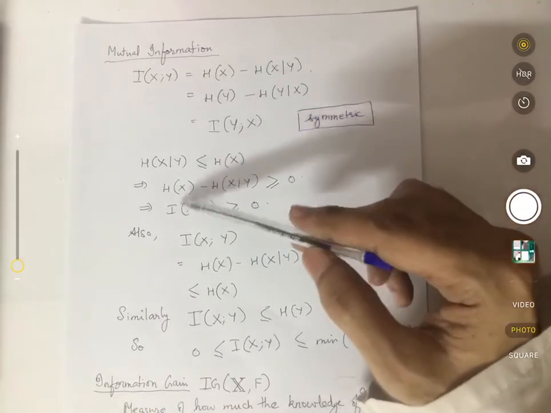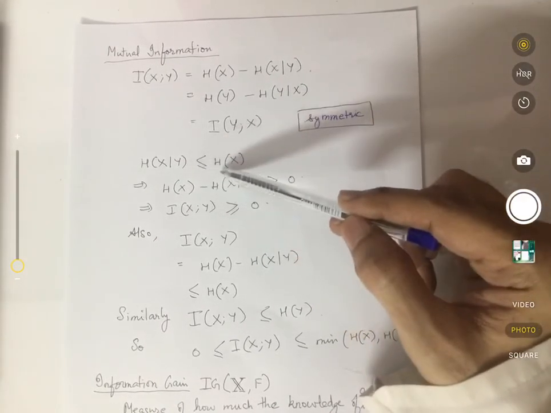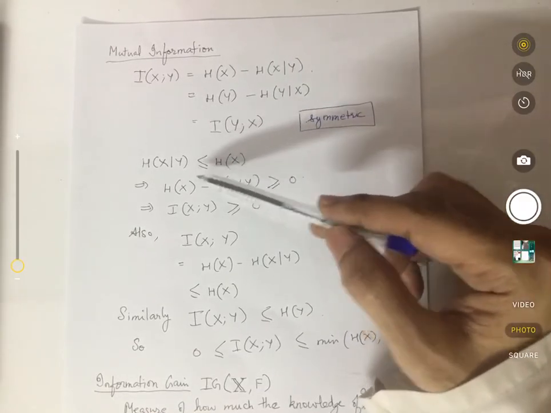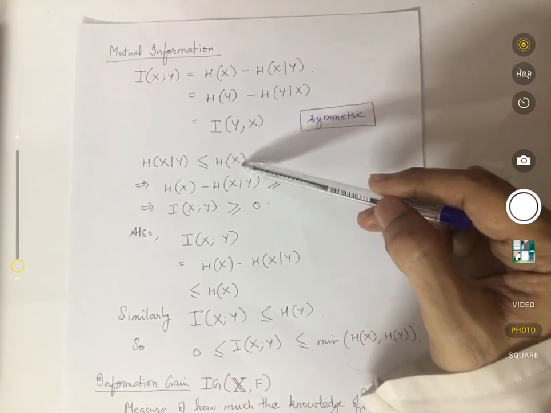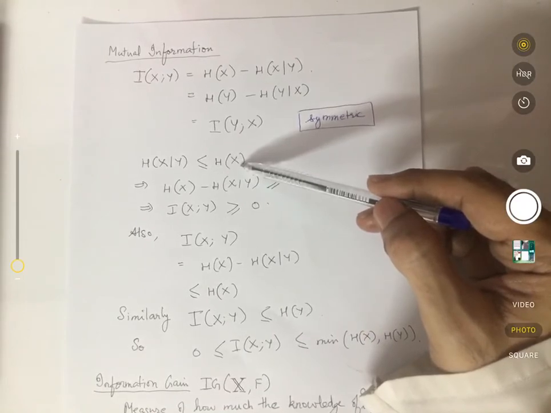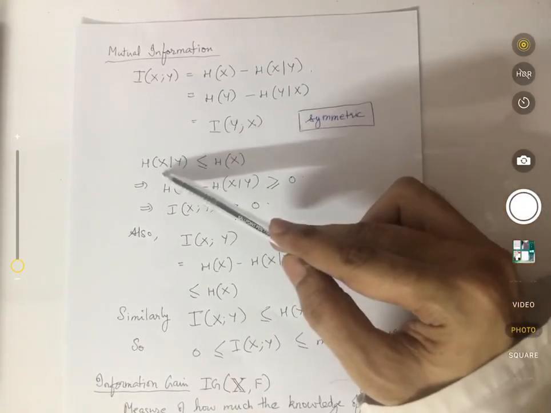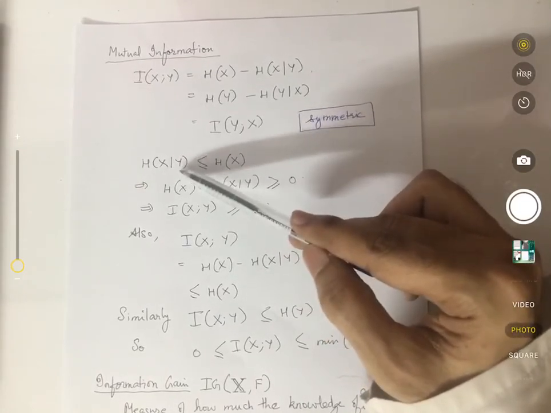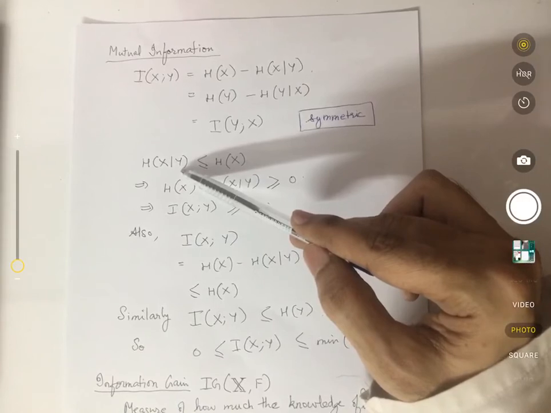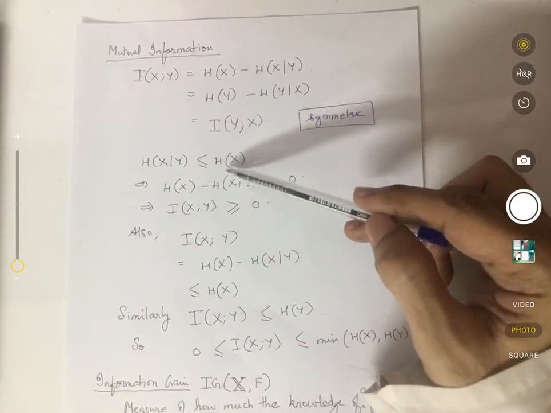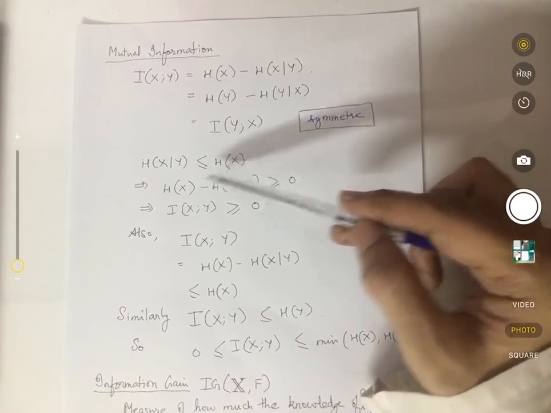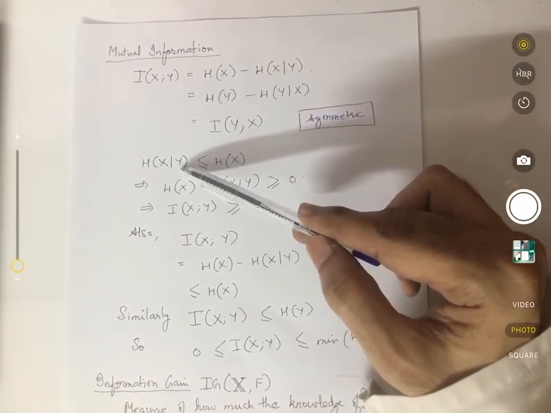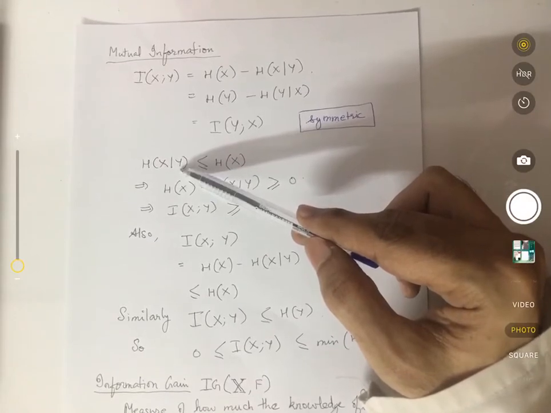Also, note that h of x under y is less than or equal to h of x. How do we know this? Basically, h of x is the uncertainty in the random variable x, and h of x under y is the uncertainty of x when a value y is known. So this always has to be less than h of x, because if you know some random variable's value, it would definitely result in a decrease in the entropy of x, right?